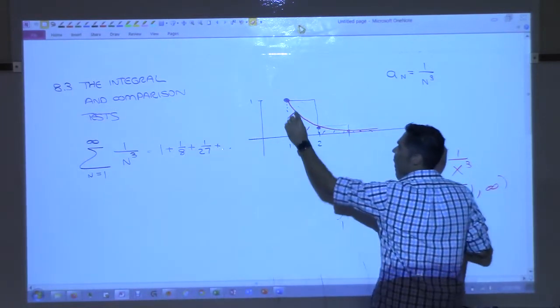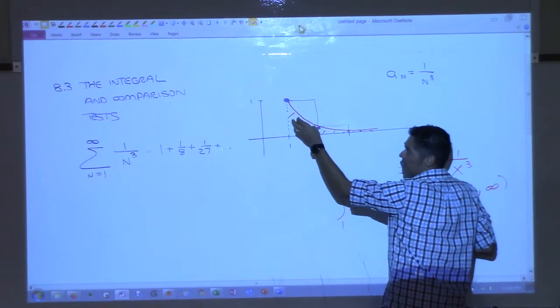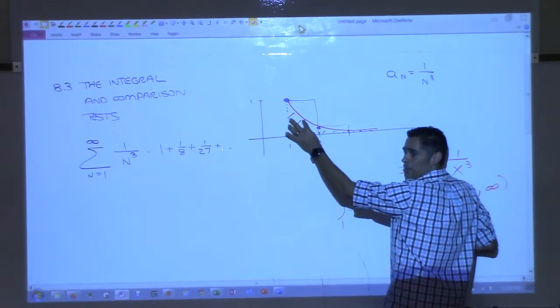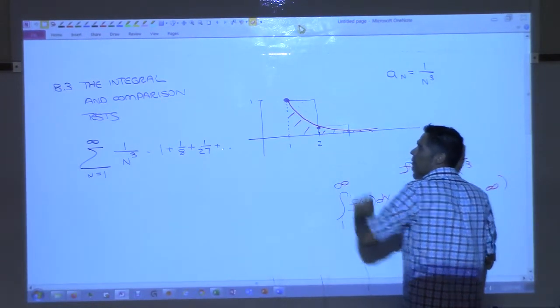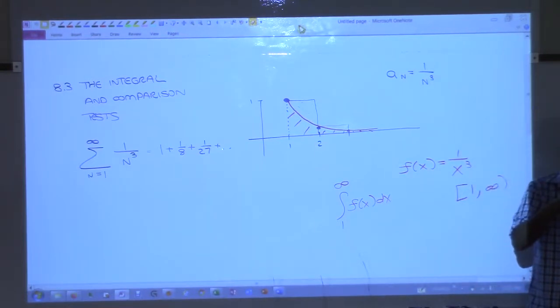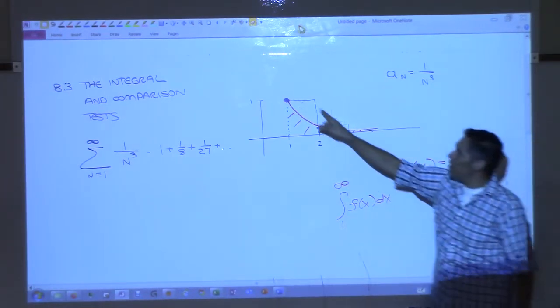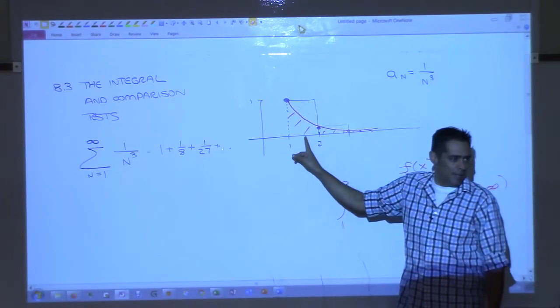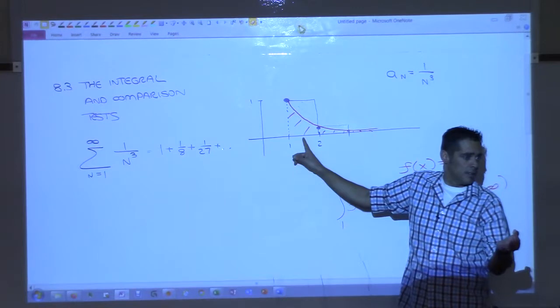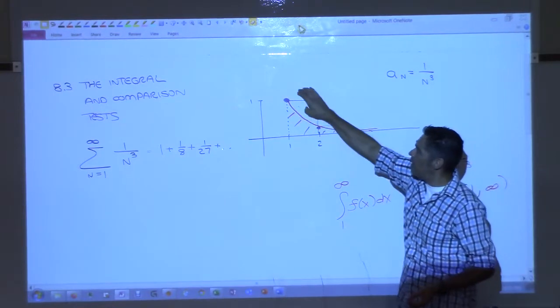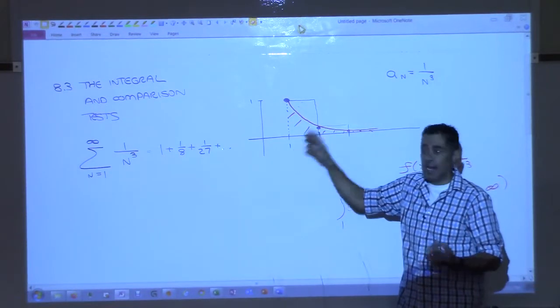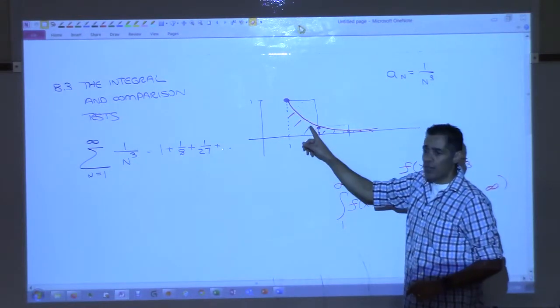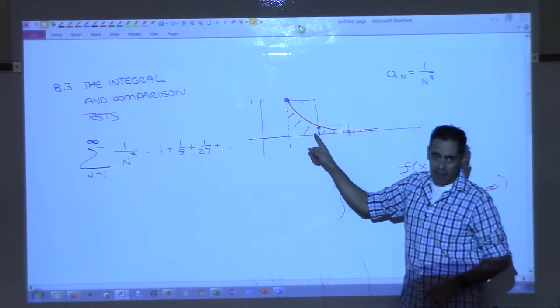Like this area, the area in red, in this case, is smaller than this area, isn't it? And this one's smaller. But they're going to stay close to one another. The areas should be within some scalar factor of one another. Like the area of this rectangle can't be infinite if this red one's not infinite. Does that make sense? Like if this box here is finite, then that red area is finite, and it works the other way around. If the red area is finite, then that box must be finite.